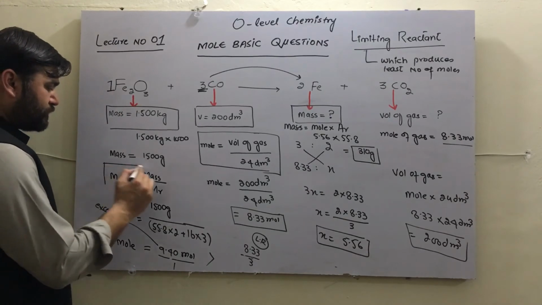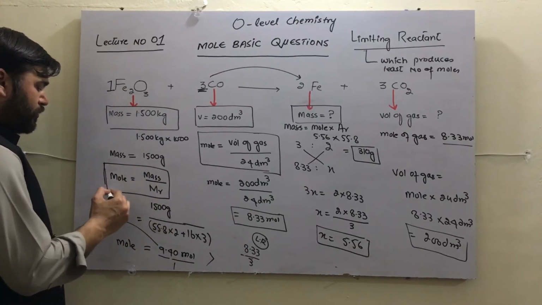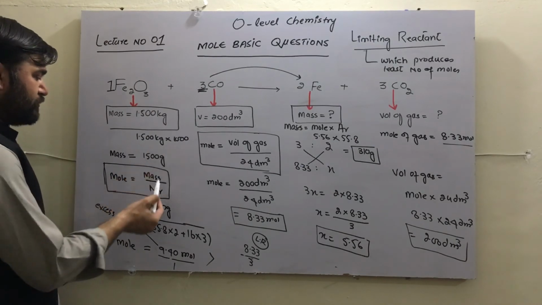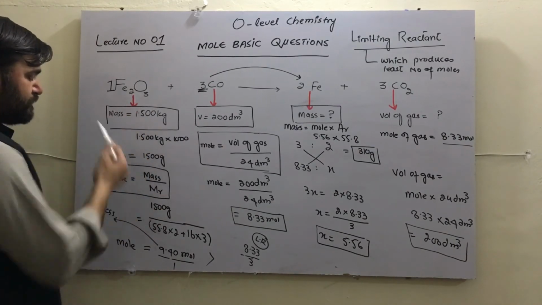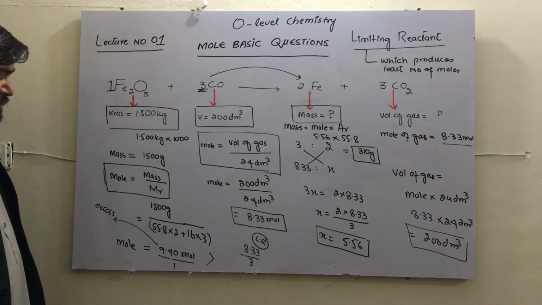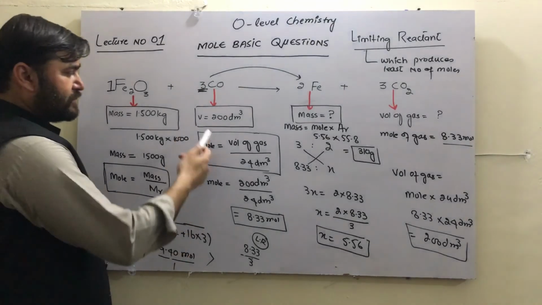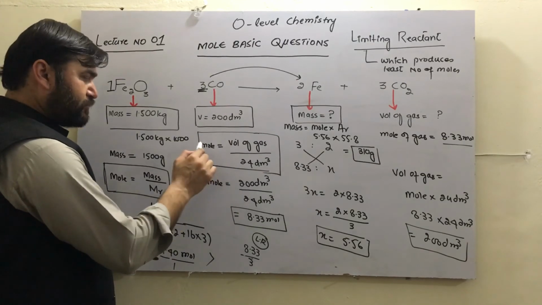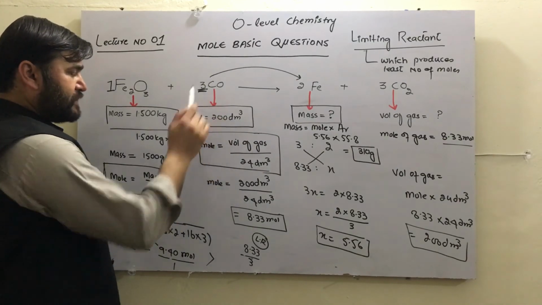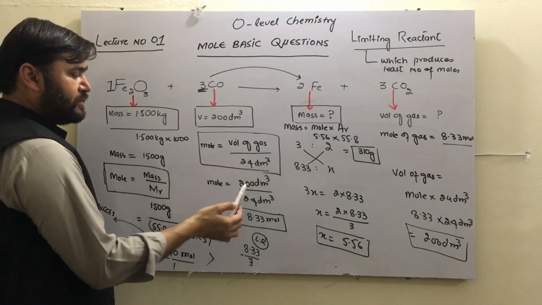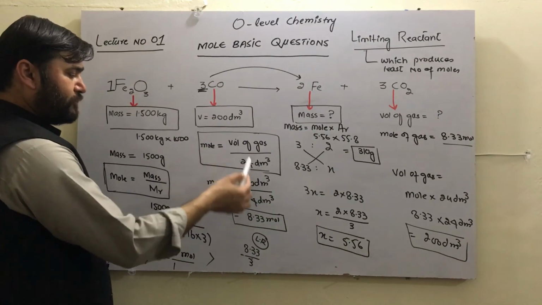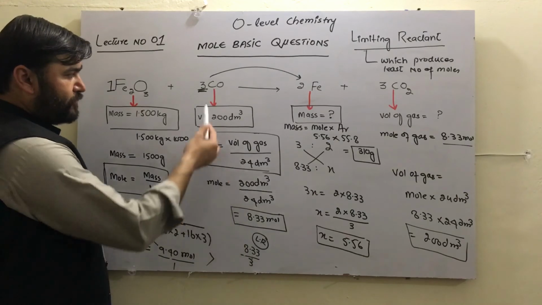This is the formula to find the mole of any substance: mass divided by molar mass. Mass is 1500, and the molar mass we will find from the periodic table, 940. Also the volume is given. This is the special formula for gases: we divide the volume by 24 dm cube, so you will get the number of moles of gases.